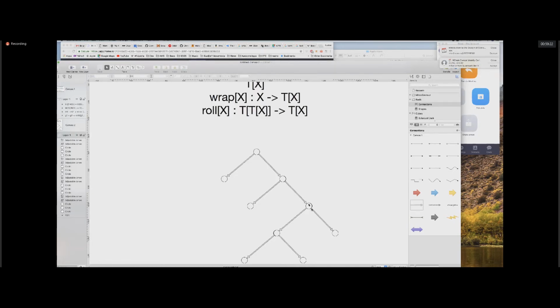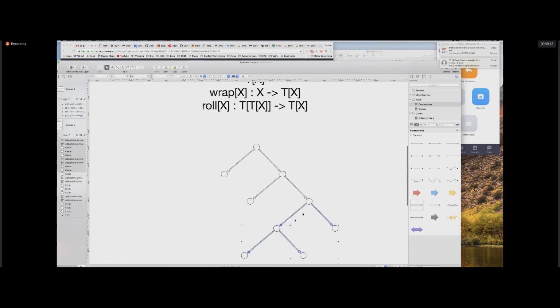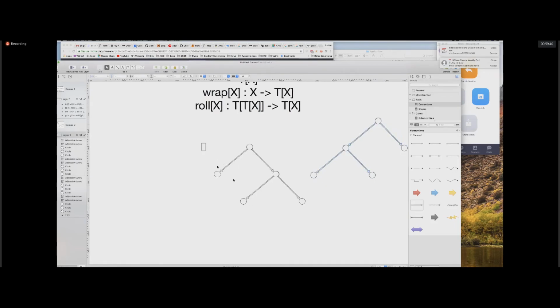So to describe this location, we break this up into two pieces.